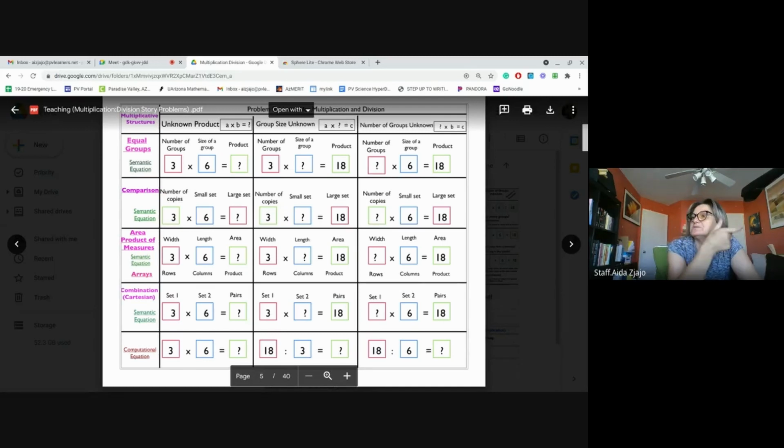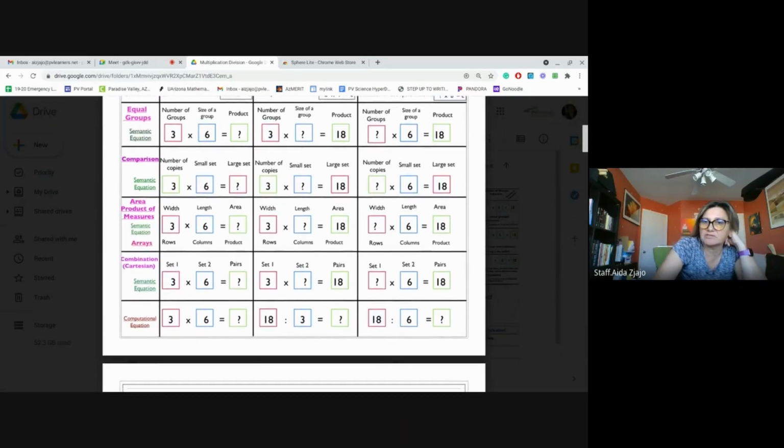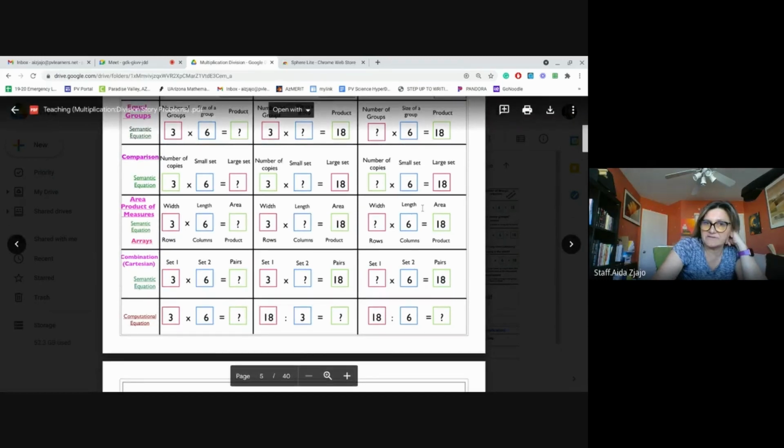So we know the small and large, but we don't know how many times the small set is in the large set. This is a semantic equation, but we can use a calculational equation to solve it, and that would be division.